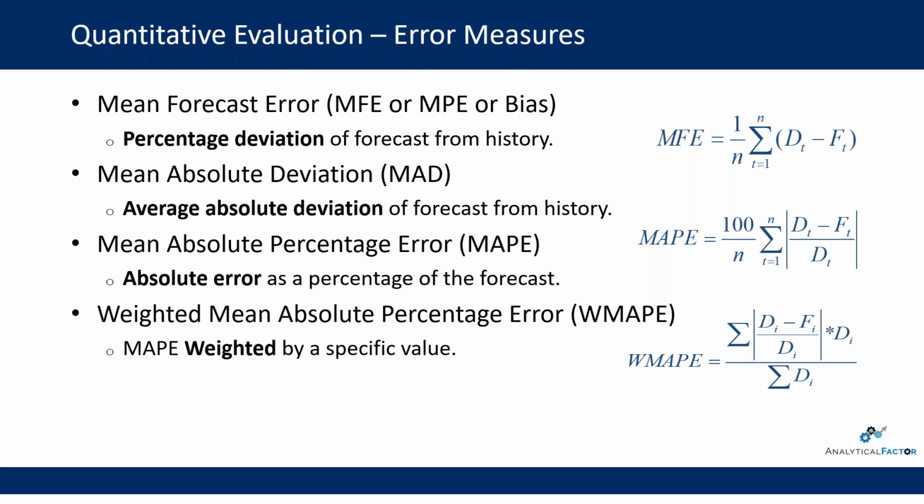You care about meeting all orders, whether it's a $2 item or an $8 item. On the other hand, if you've got a dramatic gap between some of your product costs, you're selling 5-cent bolts and $20,000 engines, yeah, an error of 1 unit in the $20,000 engines probably outweighs an error of 1,000 units in the bolts. So you do want to bring a cost element into the calculation.